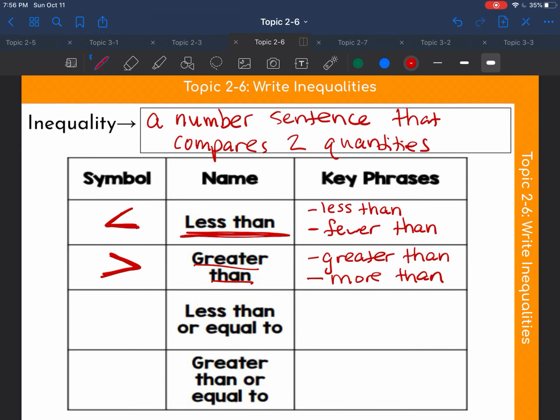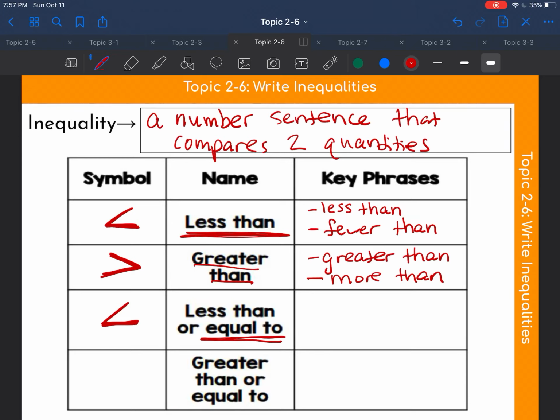When something is less than or equal to, it is less than something, but it can also be that something. If I say, to ride this ride, you need to be less than or equal to 5 feet, that means you can be less than 5 feet, but you can also be equal to 5 feet.